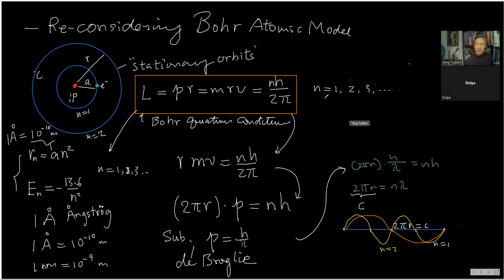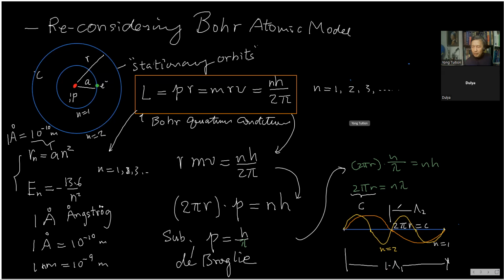So when the de Broglie wavelength is fixed, this harmonic is just a multiple of the de Broglie wavelengths. So in the first place, this is one de Broglie wavelength, lambda 1. This is lambda 2, right? Yeah. This is lambda 2.